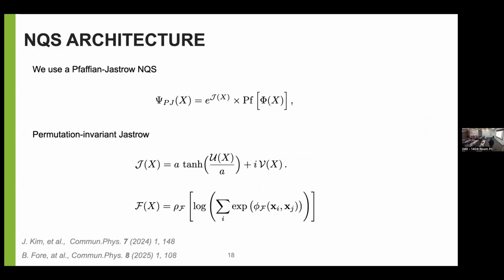Just one slide on the architecture that Jane and Bryce have already explained, but I just wanted to show how we generalized it to deal with hypernuclei. The baseline is a Pfaffian-Jastrow neural quantum state. So this is a permutation invariant Jastrow and a Pfaffian.